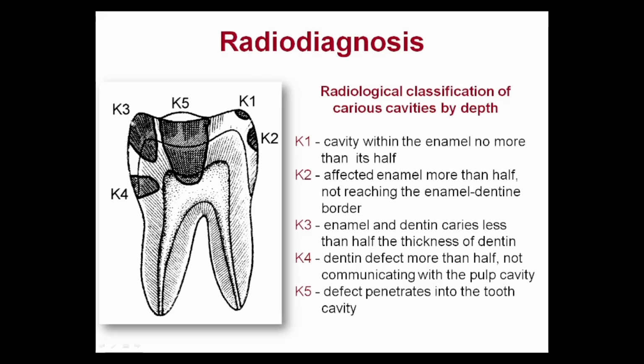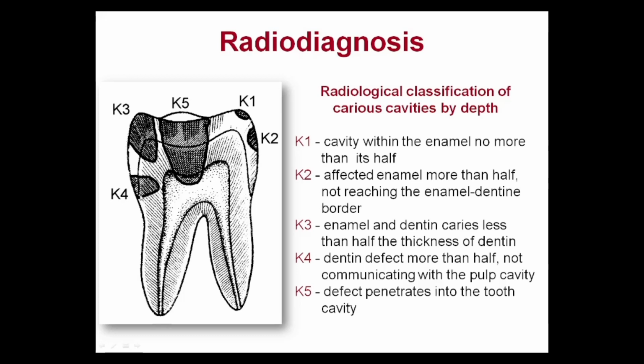K3, enamel and dentin caries less than half the thickness of dentin. K3, in dentin, also in enamel and also in dentin, but not deeper than half of thickness of dentin.